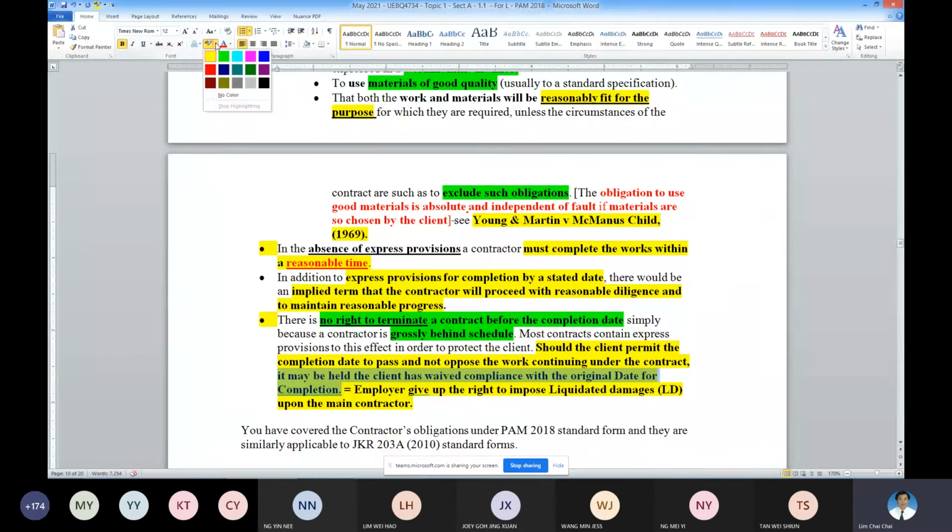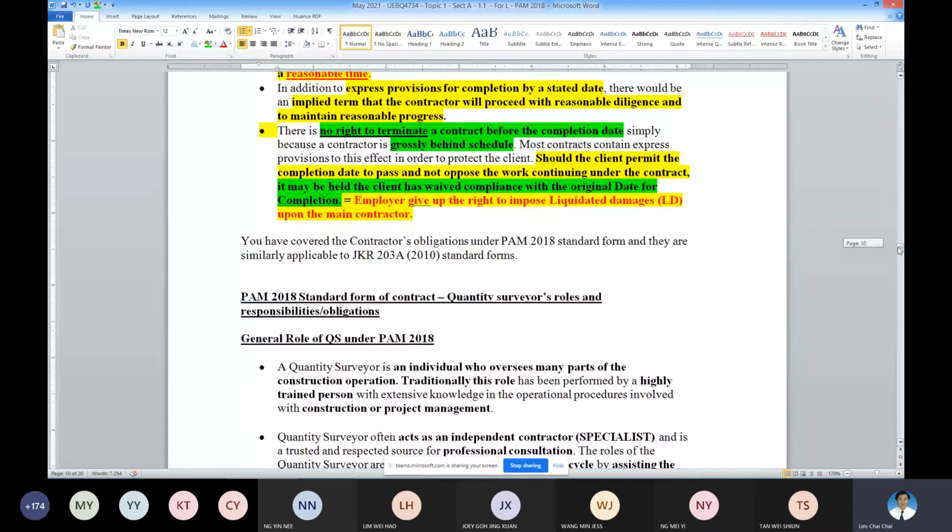It means the employer gives up the right. If not, the employer has the right to impose liquidated damages. So if the employer didn't waive, you will be subject to LD imposition. If they waive, then the contractor will get away. So these are the few things that you need to remember under the contractor's roles and obligations.